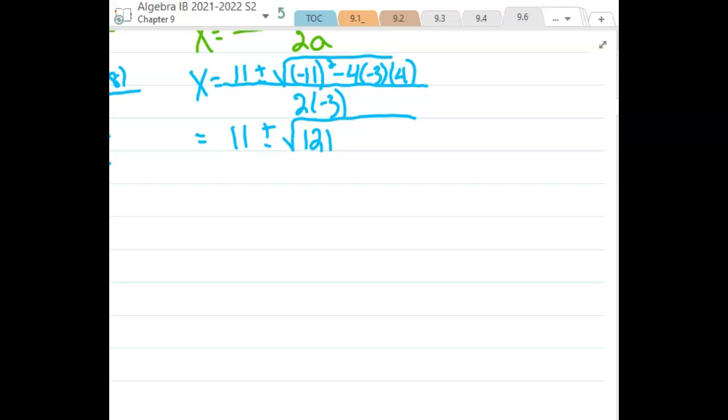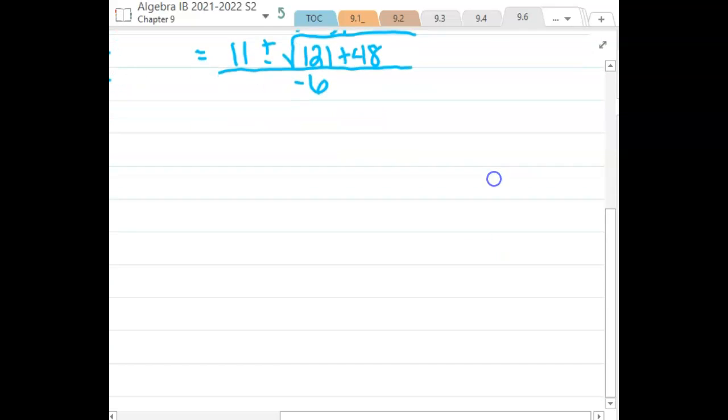What kind of sign is going to follow the 121? A plus. Okay, and then we're going to go ahead and multiply. 4 times 3 is 12. 12 times 4 is 48. All over 2 times negative 3 is negative 6. That's the big step right there.